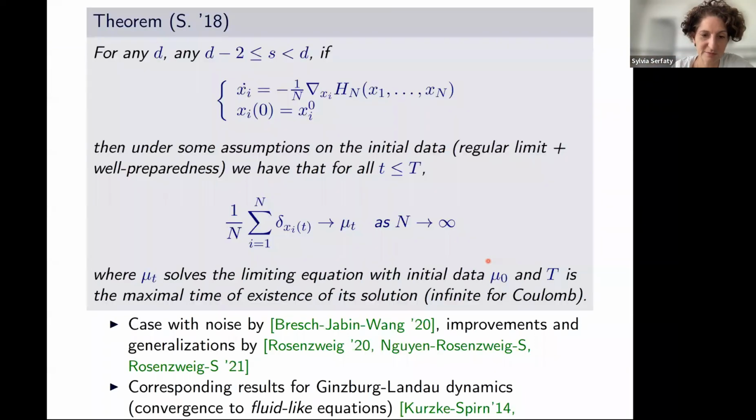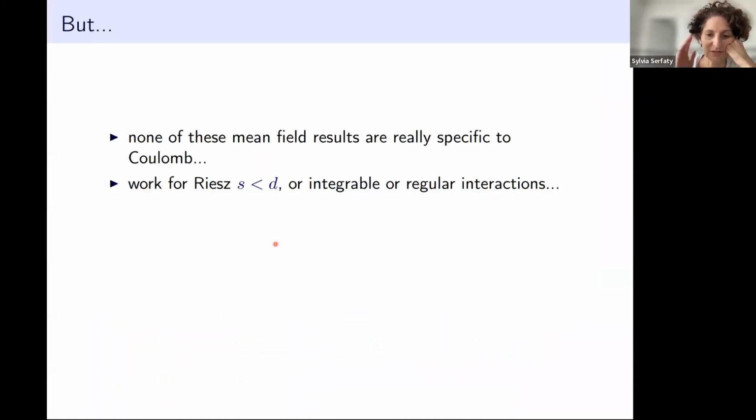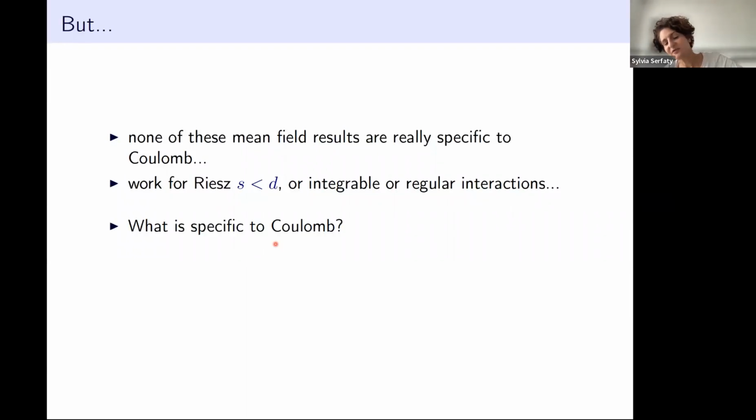The results that you expect here, this mean field convergence as well, you expect it to hold for very general interactions that are not too singular. So in particular, for example, smooth interactions, that should work as well. That should be even easier. So it is true that a lot of these things work for fairly general interactions.